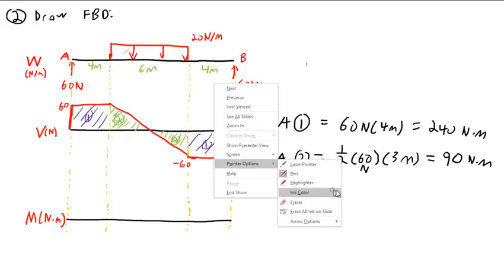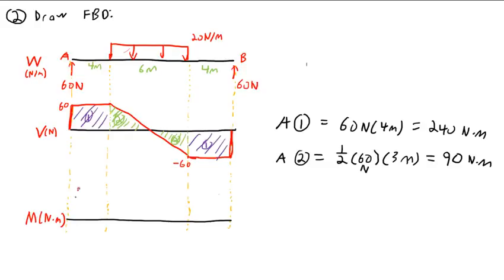So that's really it. I know that this is a pin and a roller, so that means the moment on each of these ends must be 0. The pin, by definition, cannot resist any moment, so the moment on the ends must be 0 for this beam.